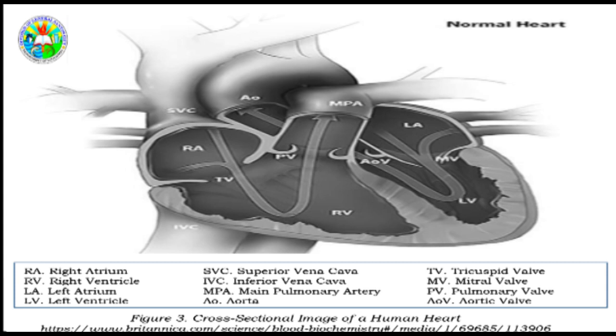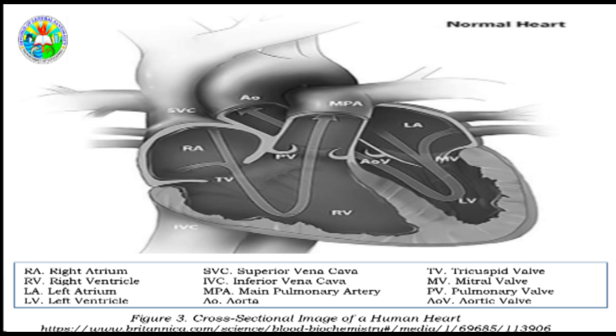The blood will enter the pulmonary vein, going to the left atrium. It then enters the left ventricle through the mitral valve and enters the aortic valve, going to the aorta. And finally, it goes out from the heart and circulates to other body parts to distribute oxygen.